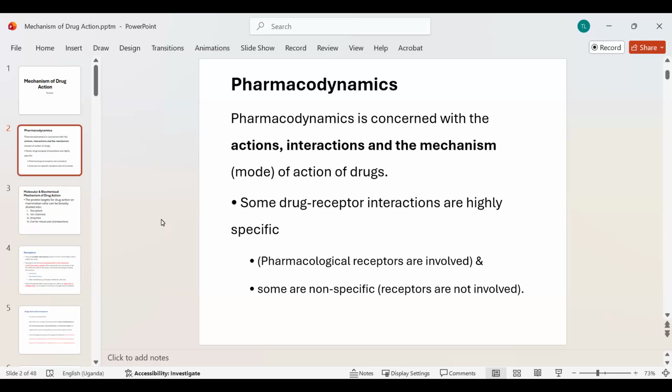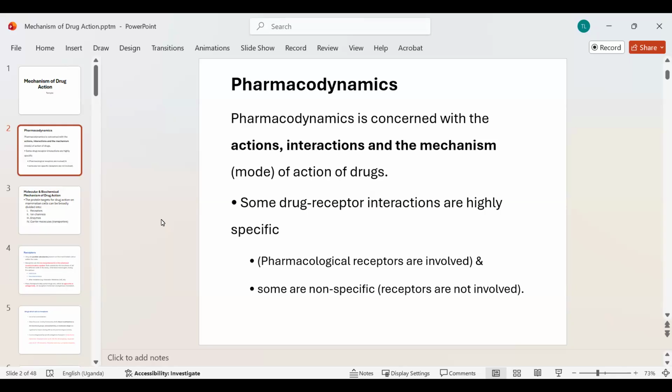Some are not really specific. There are those we usually call pharmacological receptors that get involved in quite a number of pharmacological interactions.